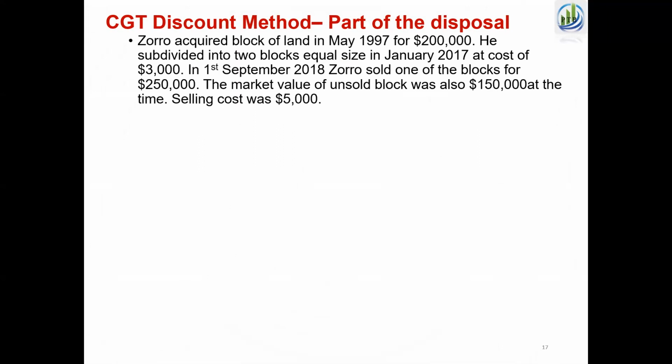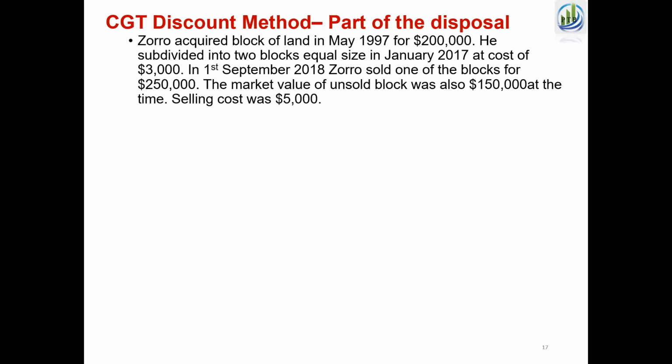He acquired a block of land in May 1997 for $200,000. He subdivided it into two equal size blocks in January 2017 at a subdivision cost of $3,000. And on 1st of September 2018, Zoro sold one block of land for $250,000.